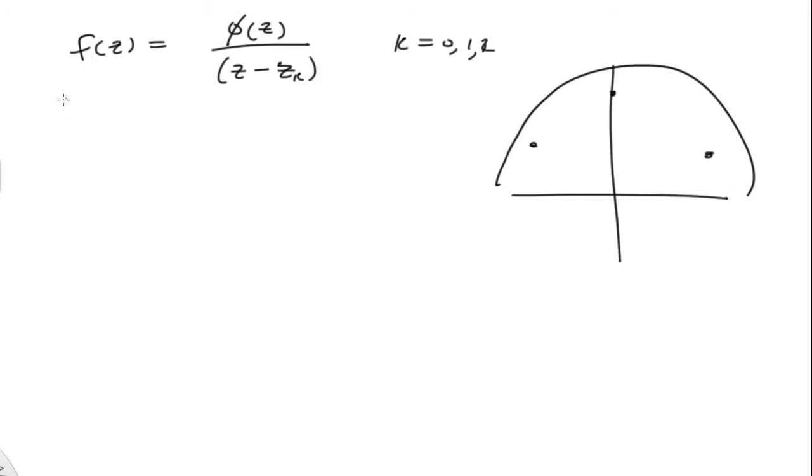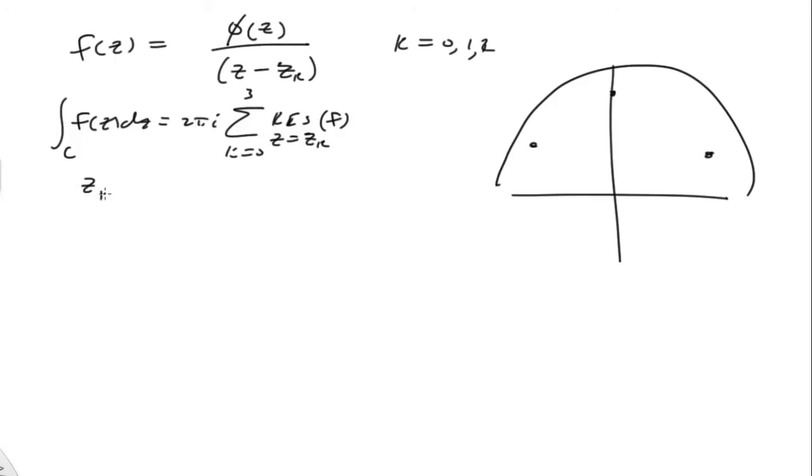Okay, and so the contour integral over the whole thing of f of z dz is going to be equal to 2 pi i times the sum of the residues at zk, k equals 0 to 3, of f, where the zk are, of course, e to the i pi over 6 plus pi over 3k.